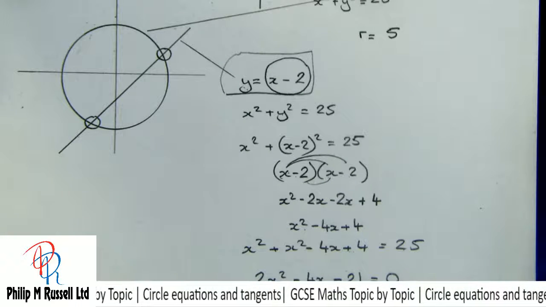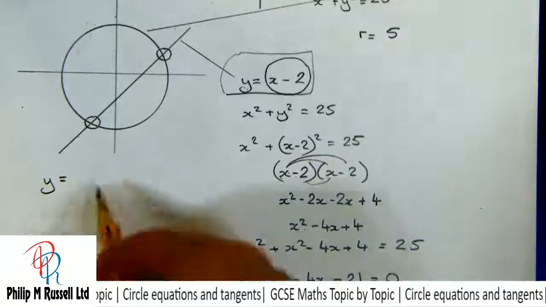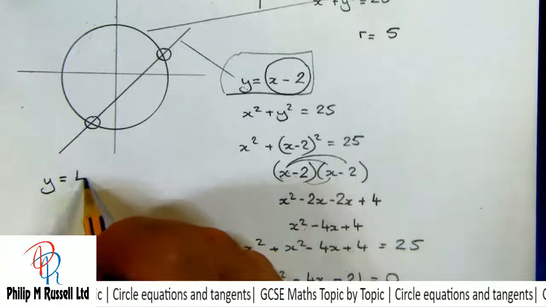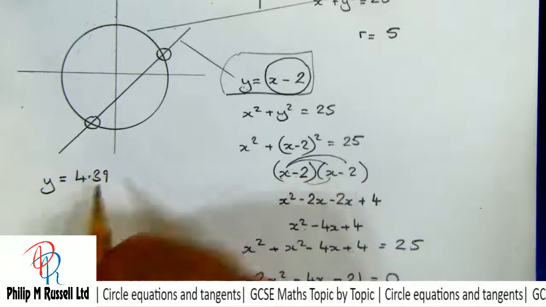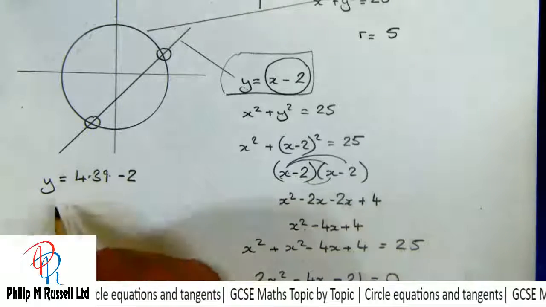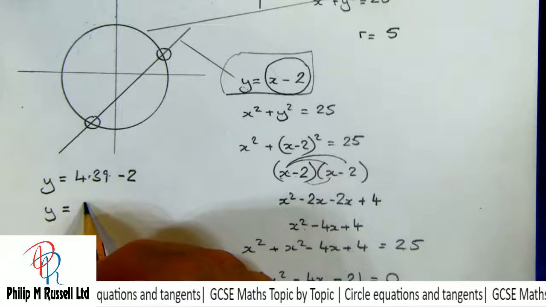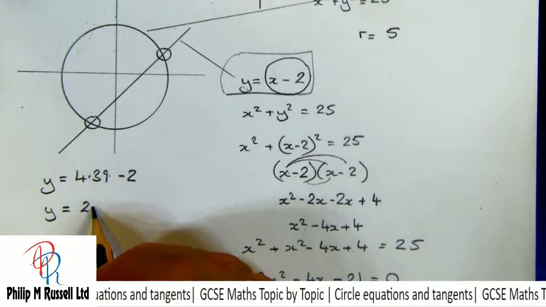Let's do that. So I've got y equals 4.39 minus 2, which is going to give me a value for y of 2.39.